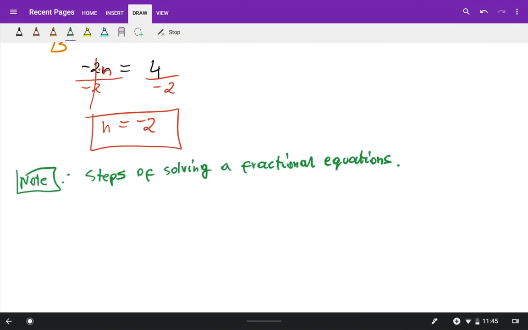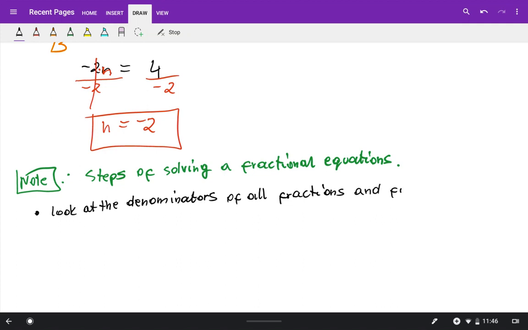When you have an equation which has fractions, first you're going to look at the denominators of all fractions and find the lowest common multiple, which we call LCM.